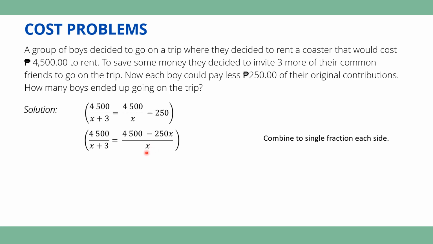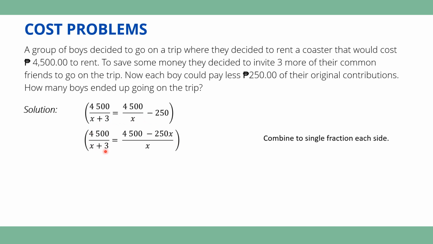So, mangyayari, our LCD for this side is x. So, multiply mo lang. Divide and multiply. So, you will have 4,500. Then, multiply mo lang agad sa ating 250 kasi ang denominator niyan ay 1 lang naman. So, x divided by 1 times 250, you will have 250x.